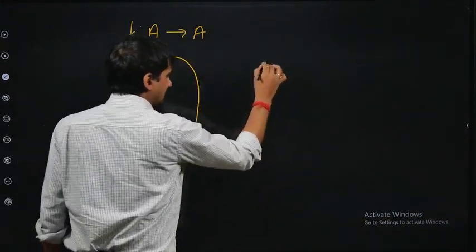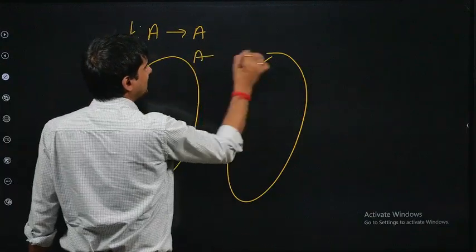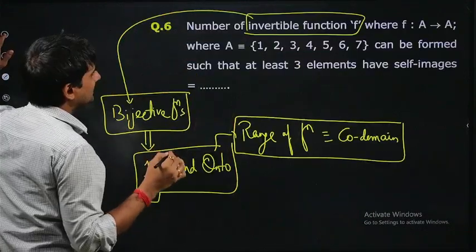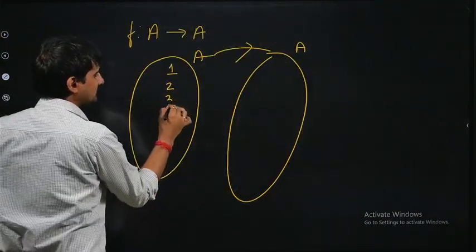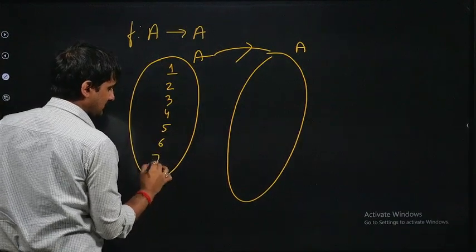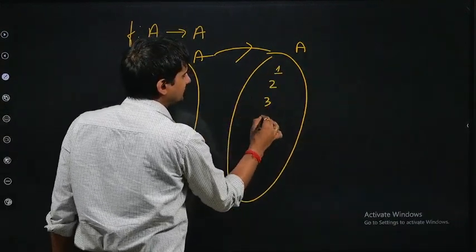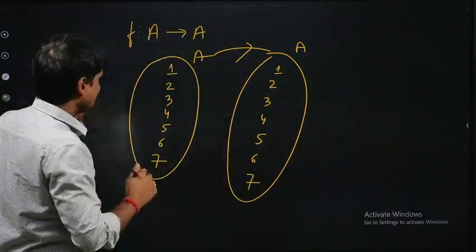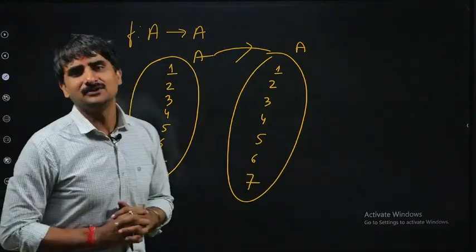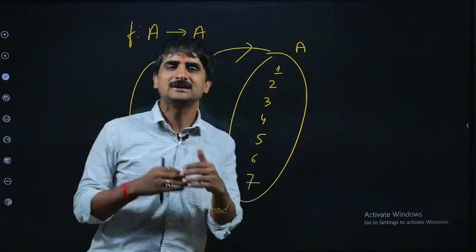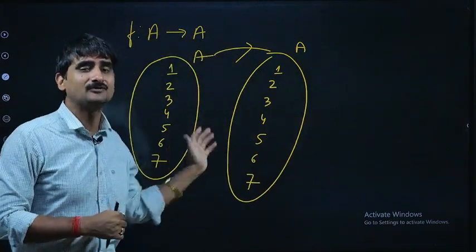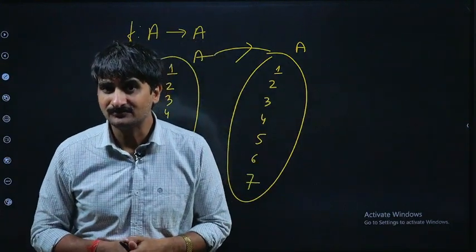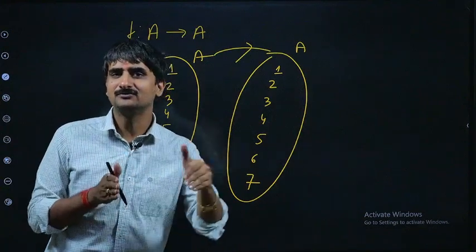So the function is from A to A, and the inputs of set A are 1 2 3 4 5 6 7, and the codomain is also 1 2 3 4 5 6 7. Since we have the same number of elements on the domain side and the codomain side, if it has to be a 1-1 onto function, it has to be a 1-1 mapping.